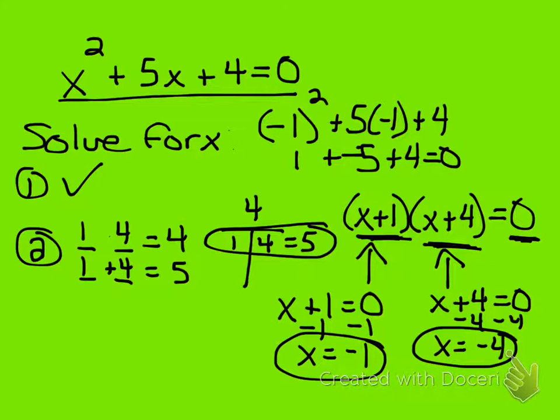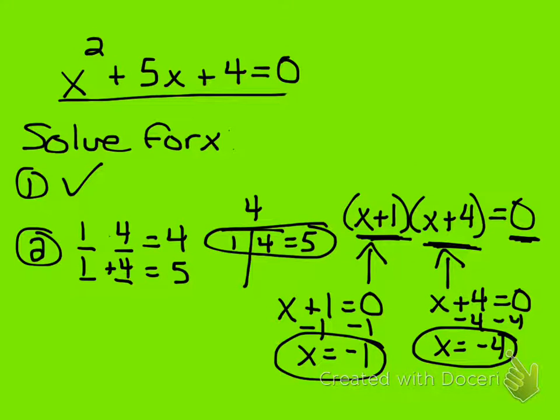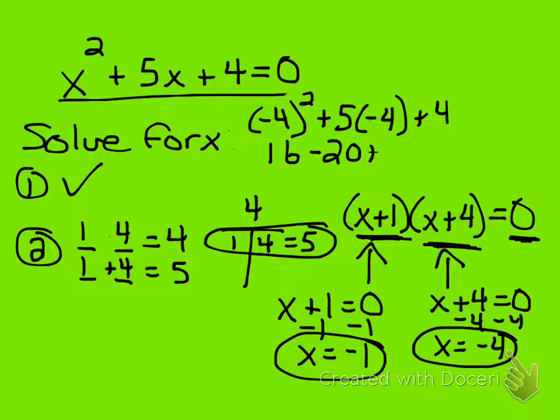I'll get the same thing if I plug in negative 4. So negative 4 squared plus 5 times negative 4 plus 4 gives me 16 minus 20 plus 4. Again, that equals 0. So this is an equation where we have two solutions.